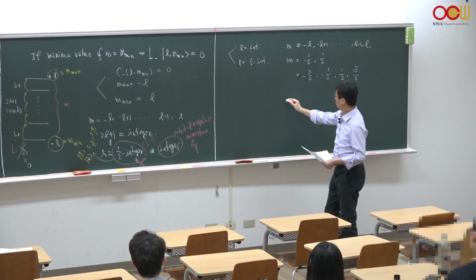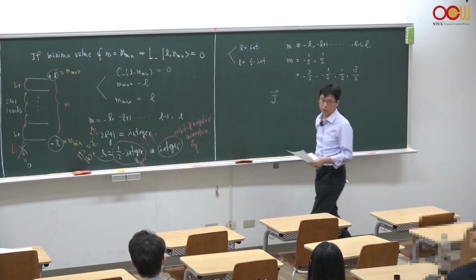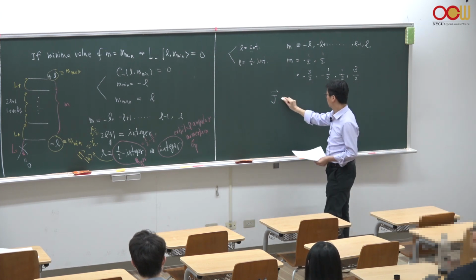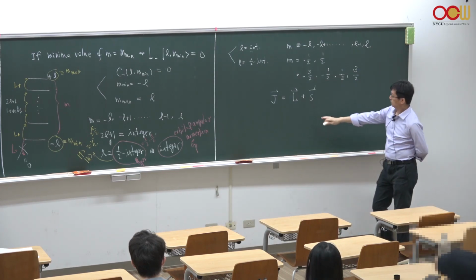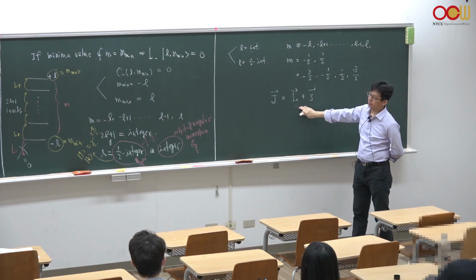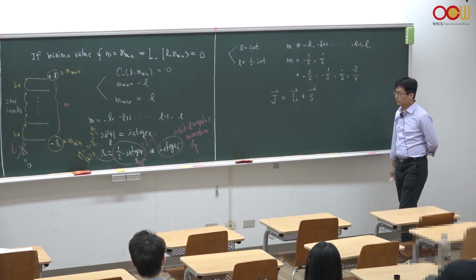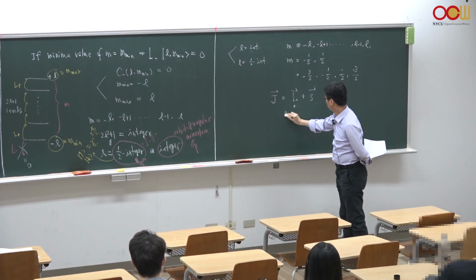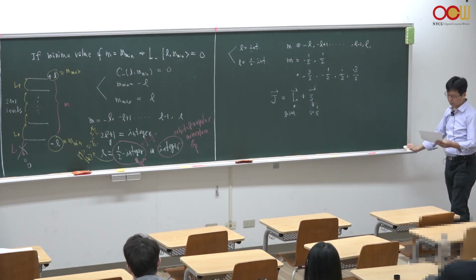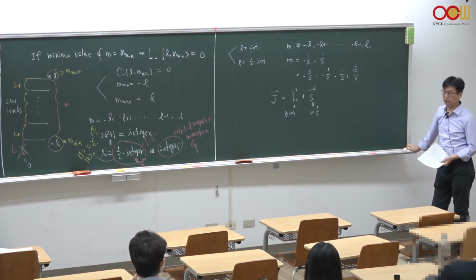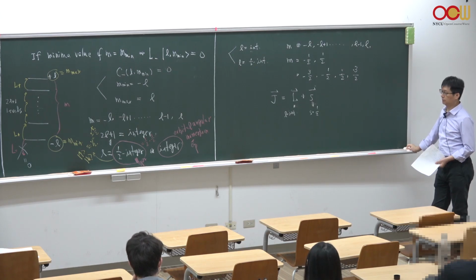Later, we can add these two as a total angular momentum, which is L plus S. Remember, L describes the orbital angular momentum operator, and S the spin. The eigenvalue for L is integer, for spin is half integer. And so the total angular momentum is nothing but the sum of these two angular momentum operators.